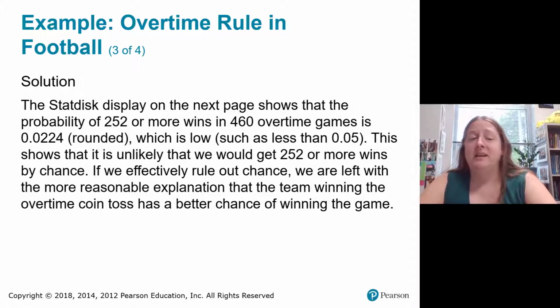So what this is telling us is that the probability of this happening by chance, 252 wins out of 460, is not very likely. And in fact, it is significantly high. All right.